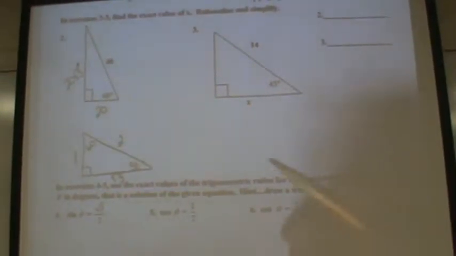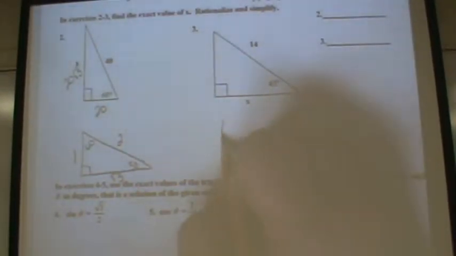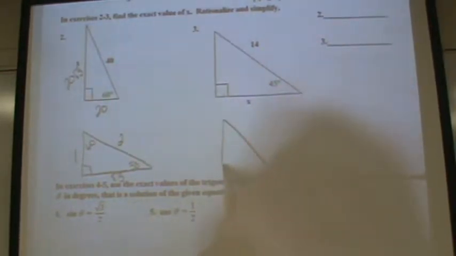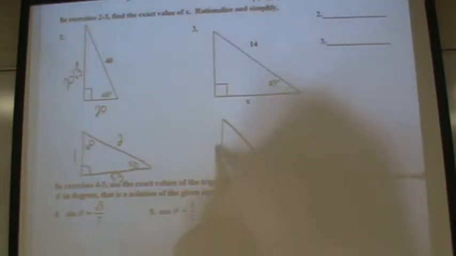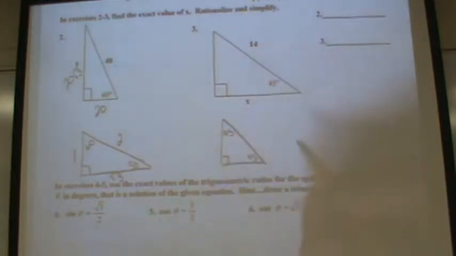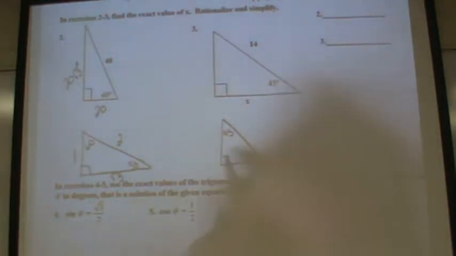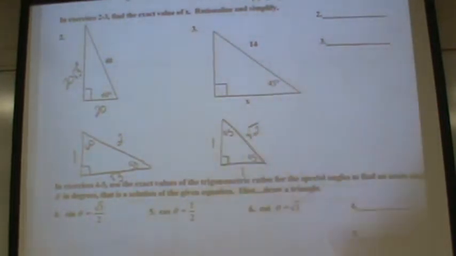Number 3 is the 45, 45, 90. So again, if we draw our triangle, we know that the legs of our 45, 45, 90 triangle are both 1, and our hypotenuse is root 2. So in problem 3, we're given the hypotenuse is 14.